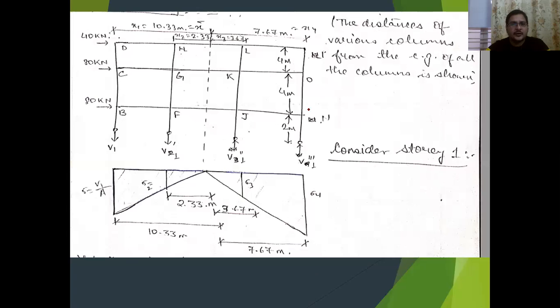Similarly, we will represent all the CG distances. I have represented the x bar as X1, the distance from column 2 as X2, third as X3, and fourth as X4. Also there is another important concept: this dotted line is the CG.